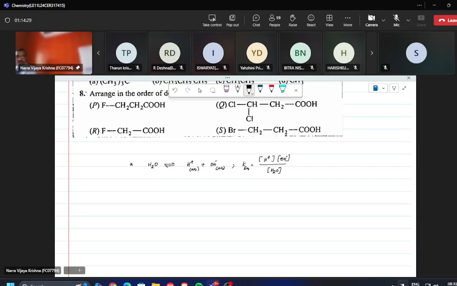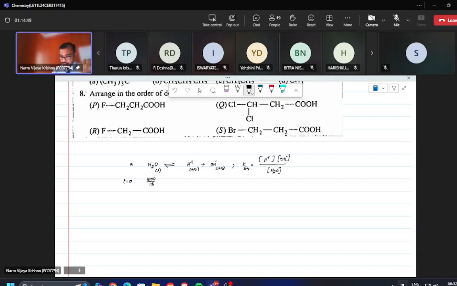Correct? So this is in liquid state. You will get H plus aqueous and OH minus aqueous. Right? At time t equal to 0, what is the concentration of H2O? 1000 by 18.